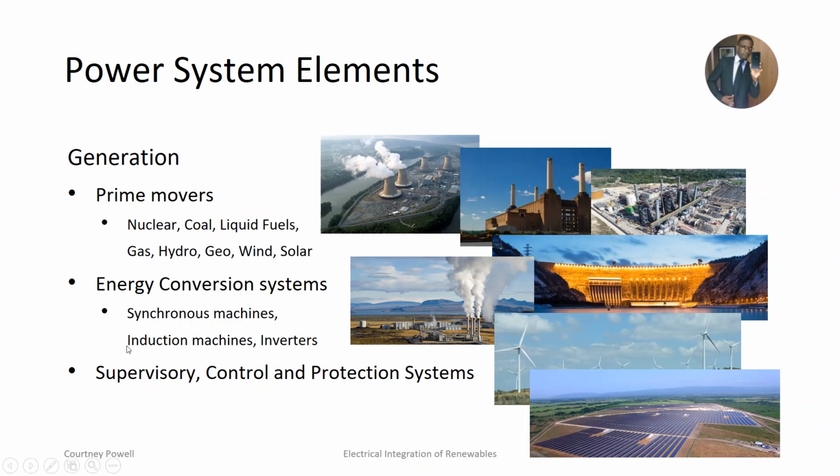In a few cases, you have induction machines, and in those particular cases, it's specific to, let's say, wind power. And as we go into those topics, you'll see the application of induction machines in wind turbines. I also include here inverters, as in the case of solar PV and wind power plants that utilize inverter technology.